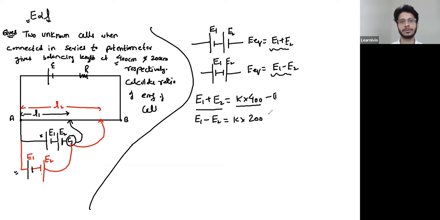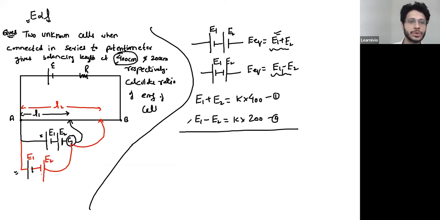This is 1, this is 2. Now do it yourself: divide 1 and 2 and get the value of E1 by E2. Actually, don't divide it, division would be complicated. Just solve equations 1 and 2.